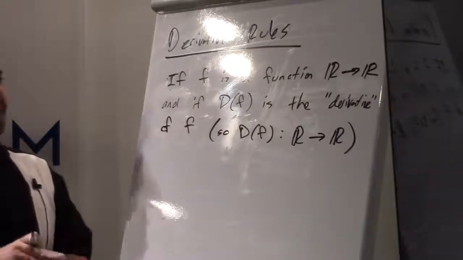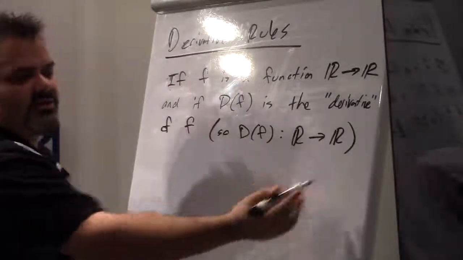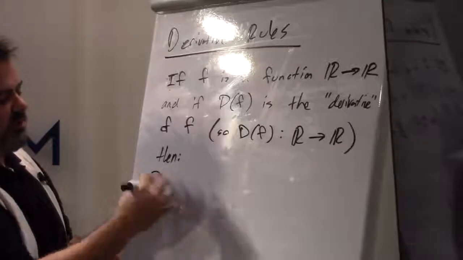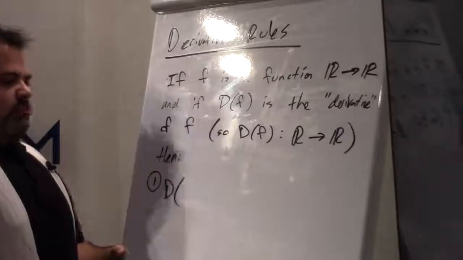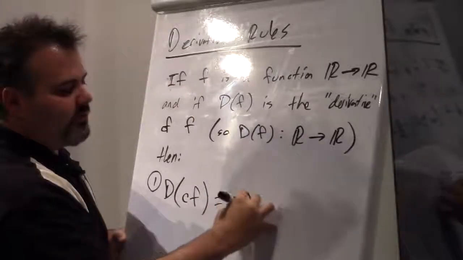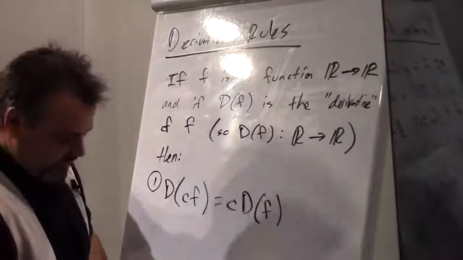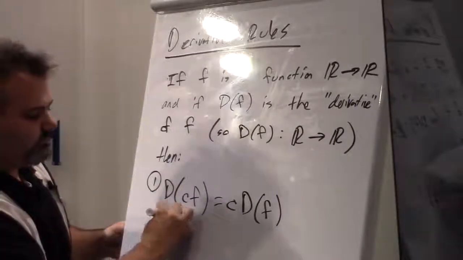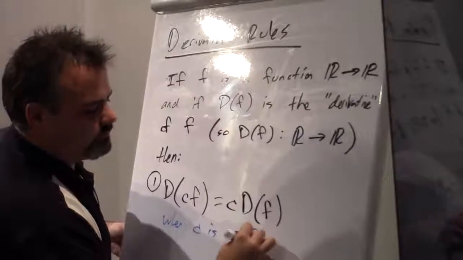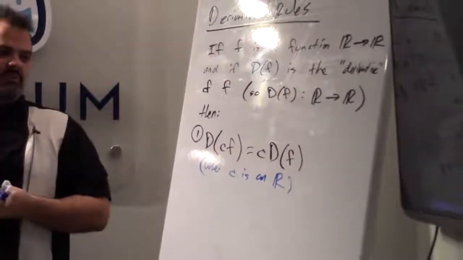So if f is a function, and if df is a derivative of f, so in particular df will also be a function, then there are a couple of rules that people use to make taking derivatives easy. So this first one is if we have a constant times our function, I'm going to pull that out.